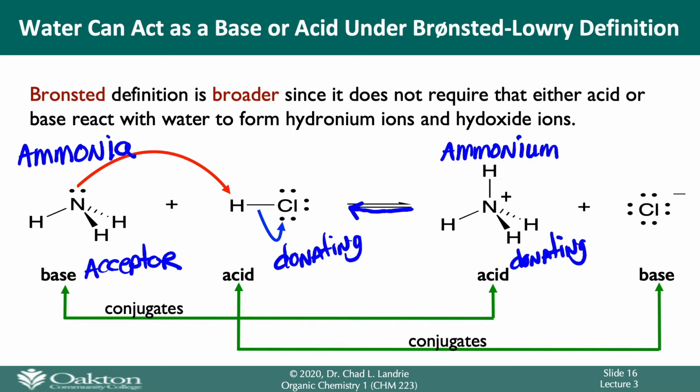Likewise, chloride is accepting a proton as this reaction moves right to left, and that makes it a base. The conjugate pairs then are the compounds that are similar. One has one more proton, one has one less.